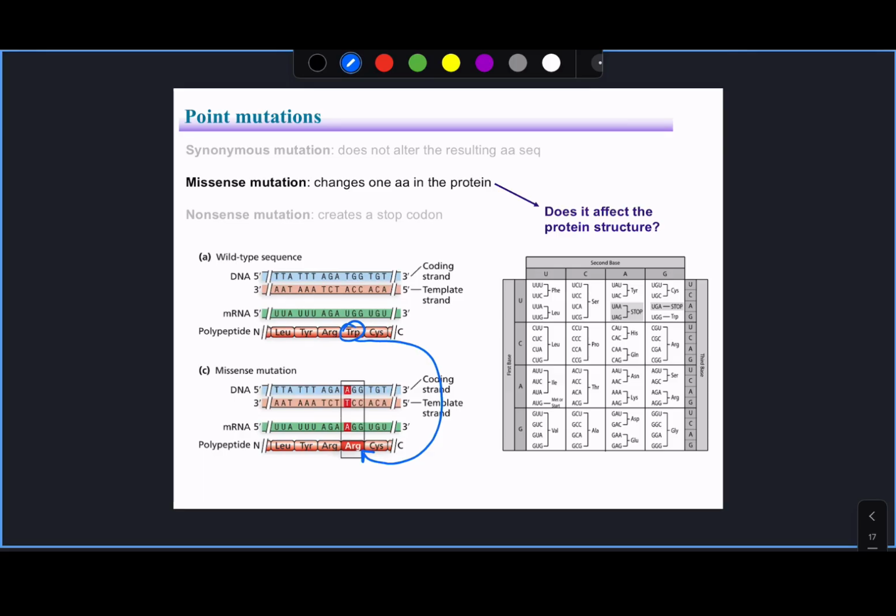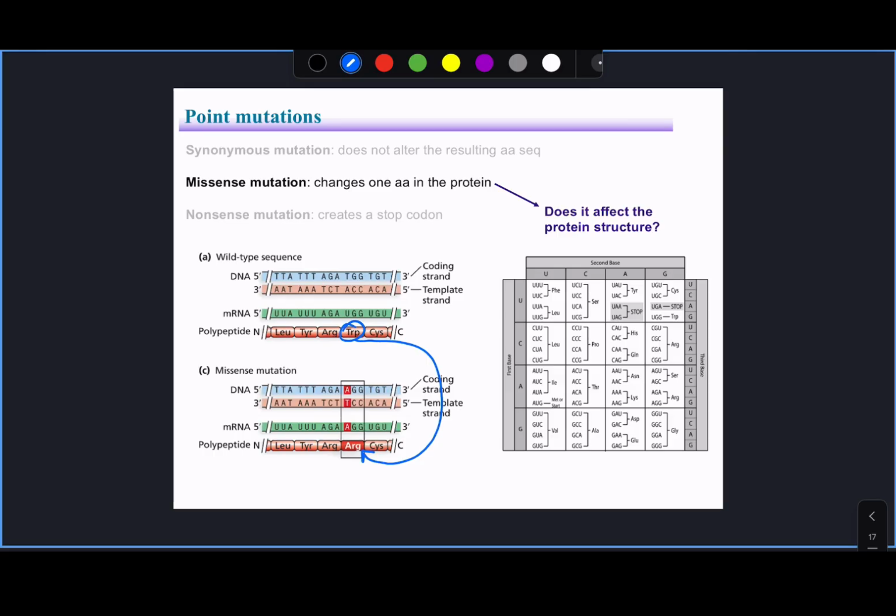So, are missense mutations neutral, detrimental, or beneficial? Detrimental. It depends. Anyone for beneficial? They can, right? We've been talking about all these examples in which the protein might lose its structure.